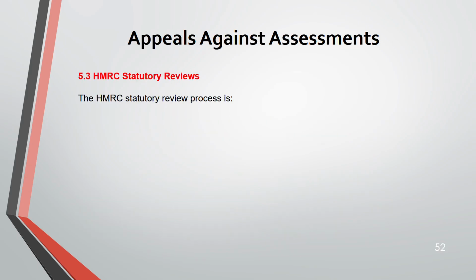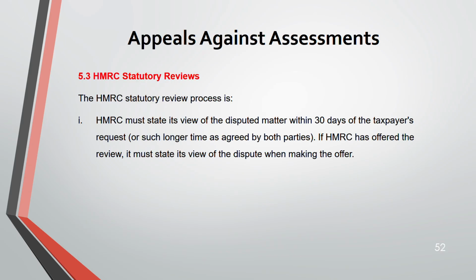Now, this is the review process. HMRC must state their view on the disputed matter within 30 days of the taxpayer's request. If HMRC has offered the review, it must state its view of the dispute when making the offer.